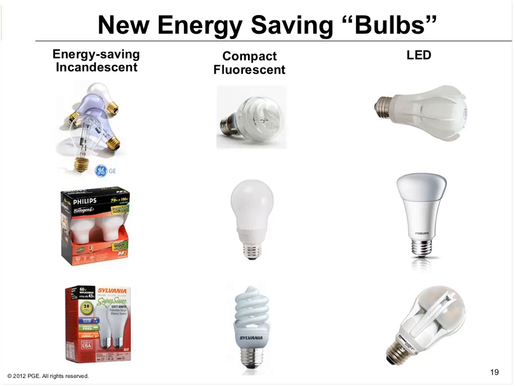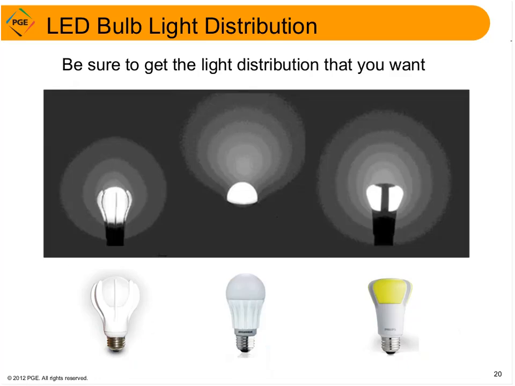Remember that LEDs can also dim, and they don't mind frequent switching, which is an excellent feature for LEDs. So I brought up this slide to illustrate one of the strengths of LEDs, and that is that they're very directional. But this makes it a challenge to imitate the omnidirectional light output of an incandescent light bulb.